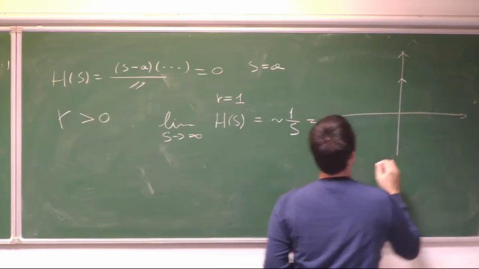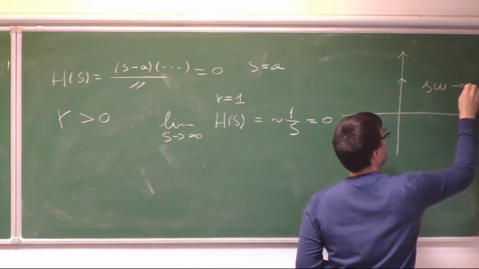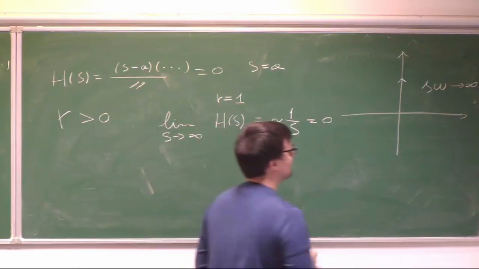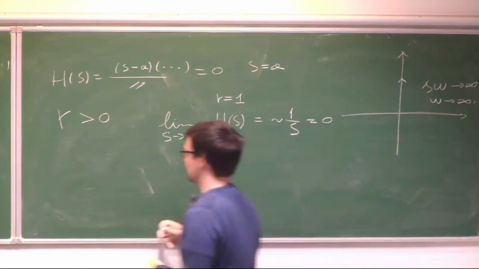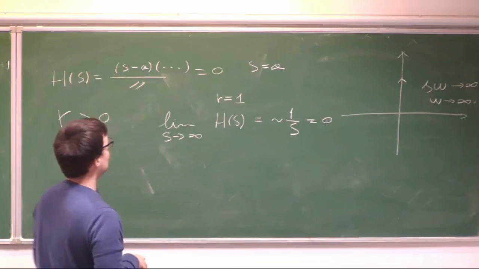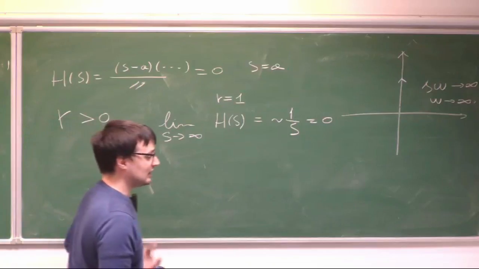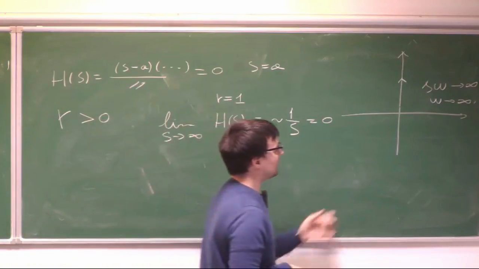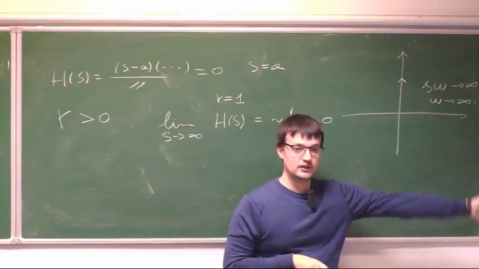So this means that when s goes to infinity, j omega is going to infinity, and obviously this means that it's omega that is going to infinity. So omega represents the frequency, and we are saying that the 0 at infinity is basically the 0 at the maximum possible frequency, okay, when the frequency goes to infinity.